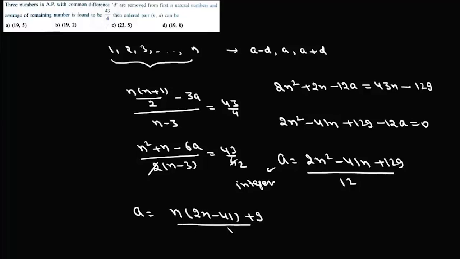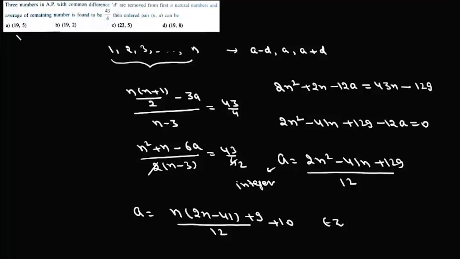So it will be this whole divided by 12 plus 10. It should be an integer. Now we need to find the value of n for which this a is an integer, because a minus d, a and a plus d come from natural numbers. So this a has to be a natural number.